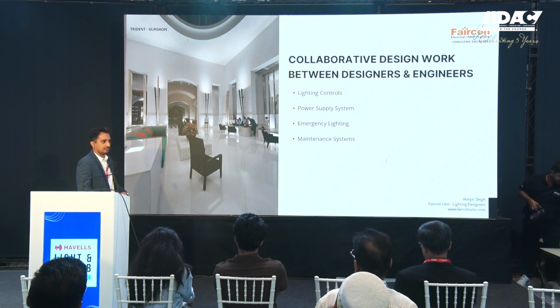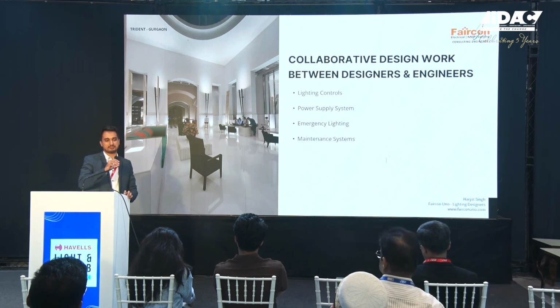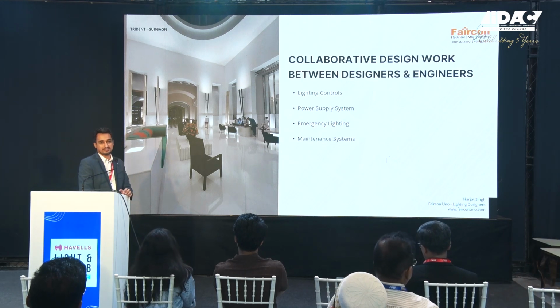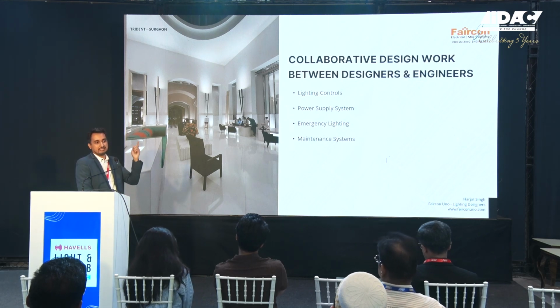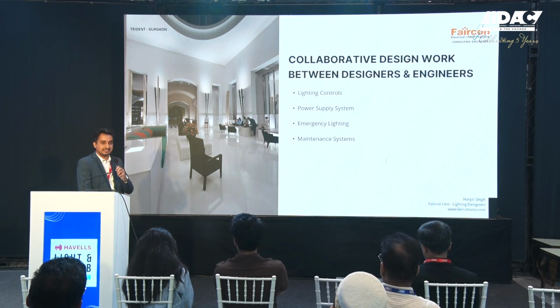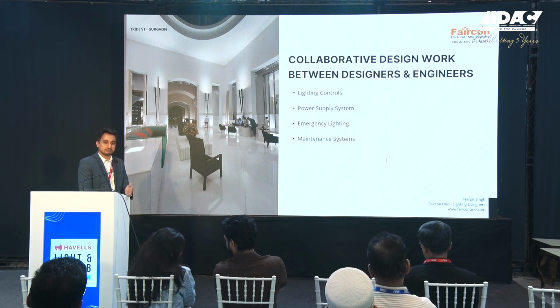Now, at this point, if the collaboration is not done correctly with the engineer, he would not be aware that he's not supposed to provide the conduit points on the ceiling, but on the wall. So a lot of meetings and discussions have to happen with the engineer on board. Battery limits have to be set.